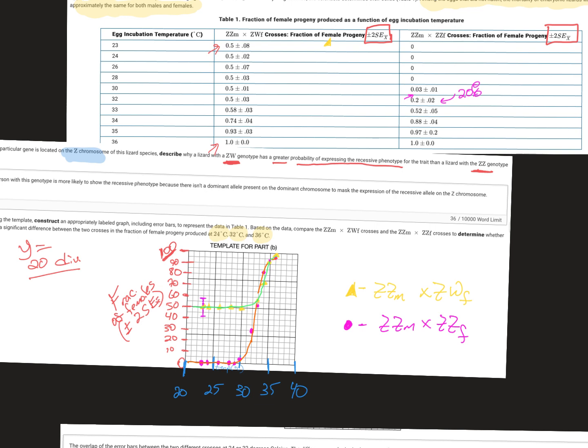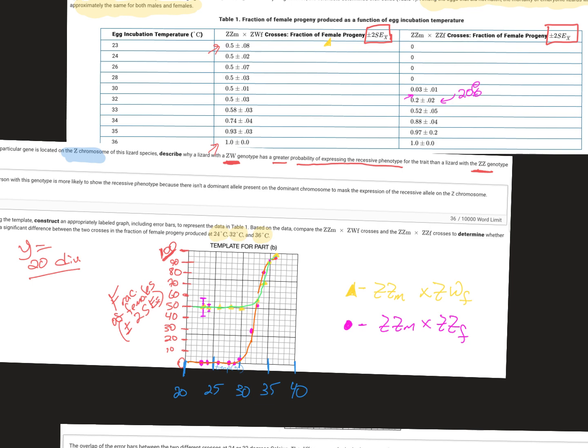All right. And then 24 is only 2% off. So 24 would be at 2%. If there's a whole 10 there, that's 5. So 2 would be here to the center point, and then 2 down would be here to the center point. So the error bars are smaller there. And we got, what is the next one?